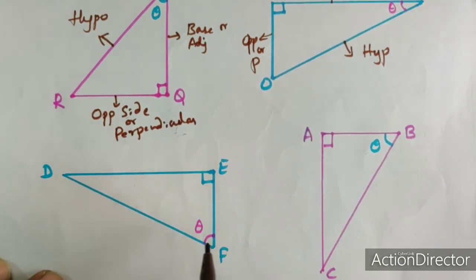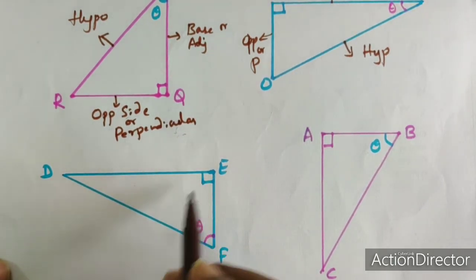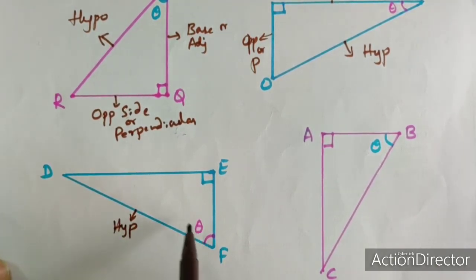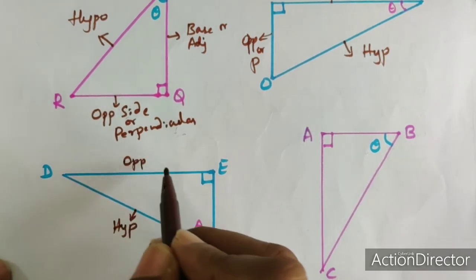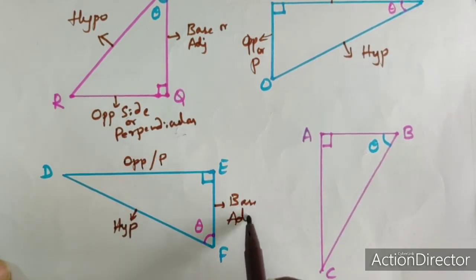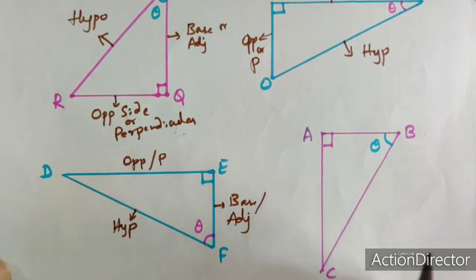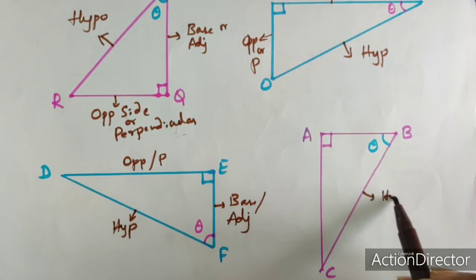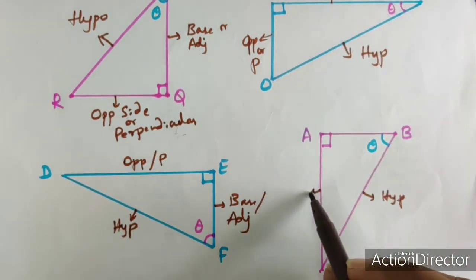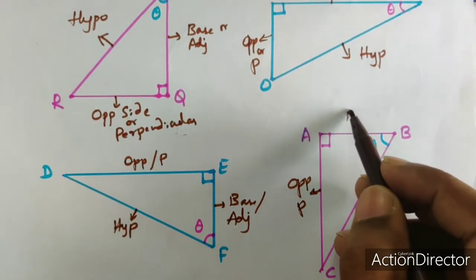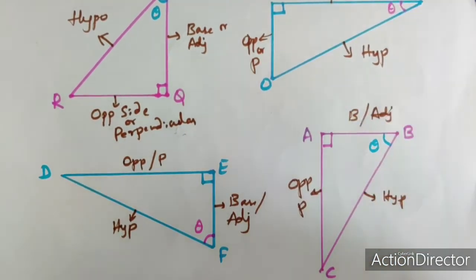See, first always look at the hypotenuse, opposite to 90 degrees. Then opposite to theta is the opposite side or perpendicular, and the remaining is called the base or adjacent side. For the last one, for your practice: opposite to 90 degrees is the hypotenuse, opposite to theta is the opposite side or perpendicular, and the remaining side is called the base or adjacent side.